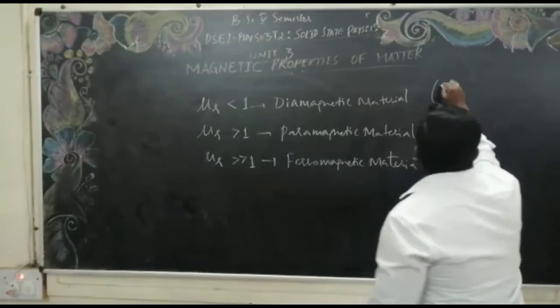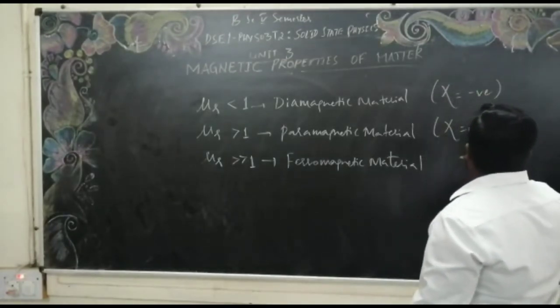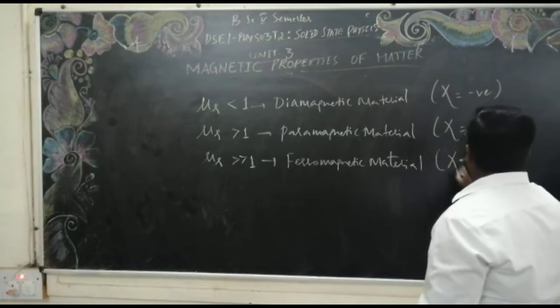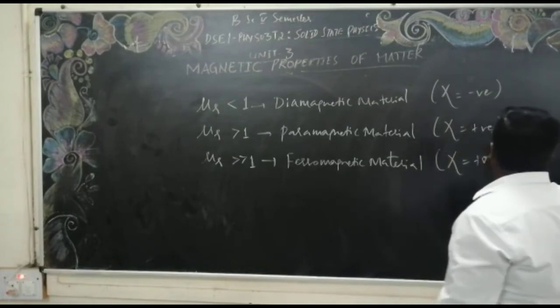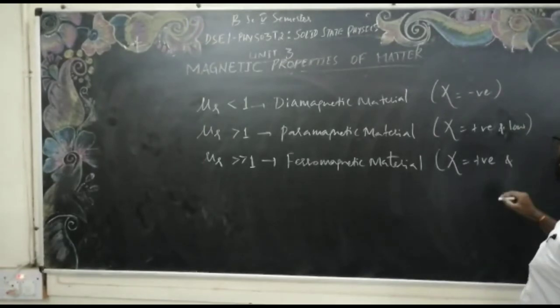Here the susceptibility χ is negative, here χ is positive and low, and here χ is also positive, but the susceptibility is high.